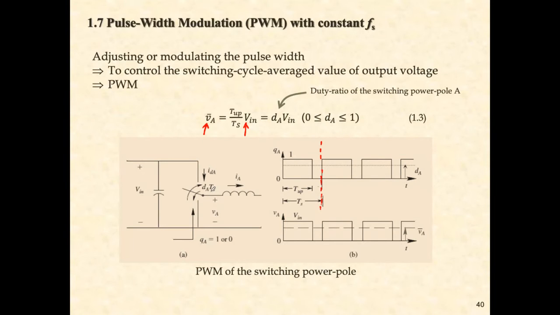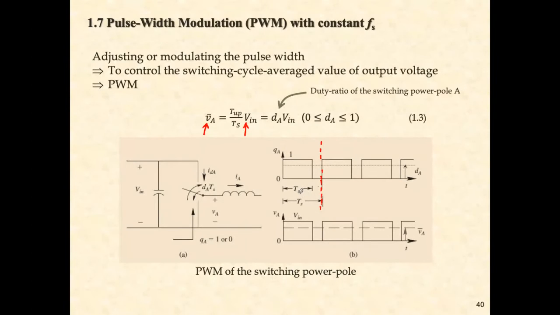From the application examples, for induction heating, the frequency can be up to 2 megahertz, so the switching is very fast.